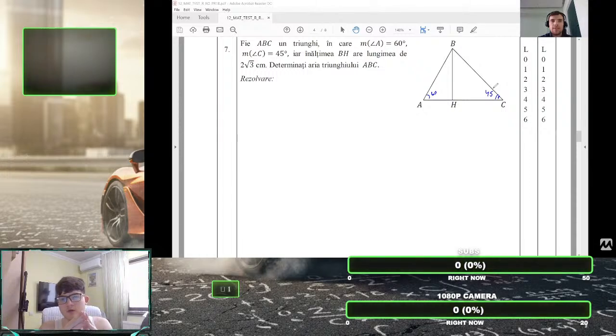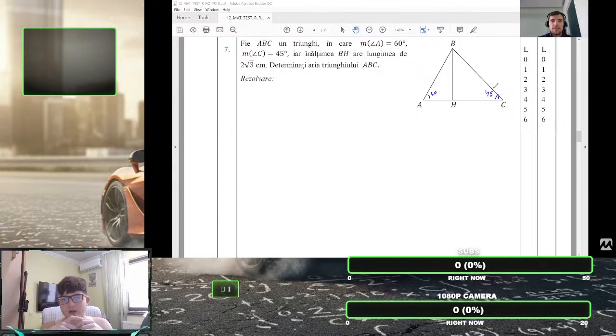And that is in the triangle ABC. But if I take a look at the triangle ABH, basically H right there is 90 degrees, so B is 30 degrees, so we can work with 30 degrees to understand what is the other one.